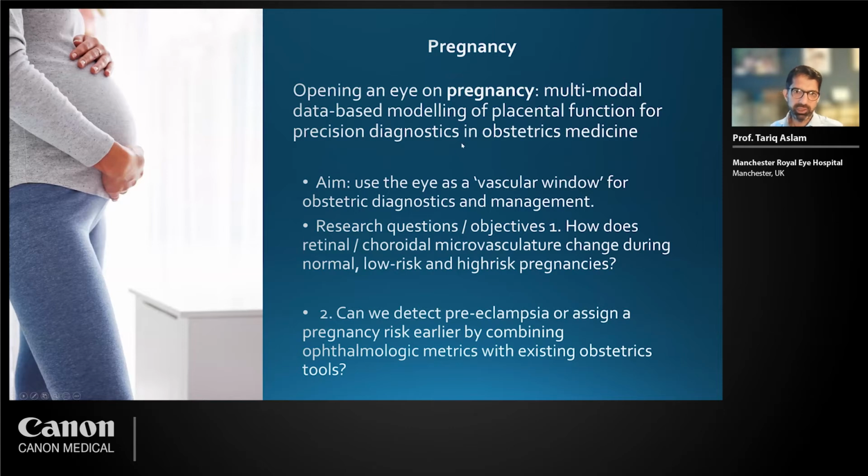Another really interesting area is pregnancy, where we're collaborating with our obstetric colleagues on a study where we're essentially looking at the eye as a vascular window for obstetric diagnosis and management. In the initial stages, we're looking at how retinal and choroidal microvasculature changes during normal and higher risk pregnancies. But ultimately, if we can detect preeclampsia or even assign pregnancy risk, we'd be looking at ophthalmological metrics as well as existing obstetric tools.